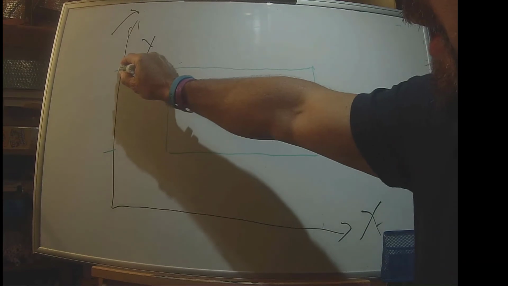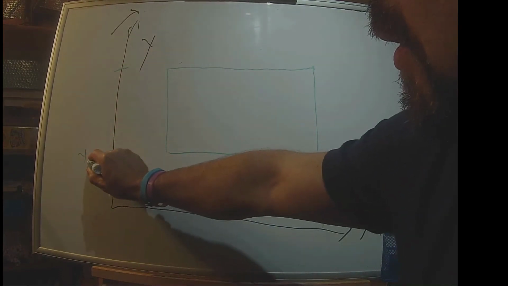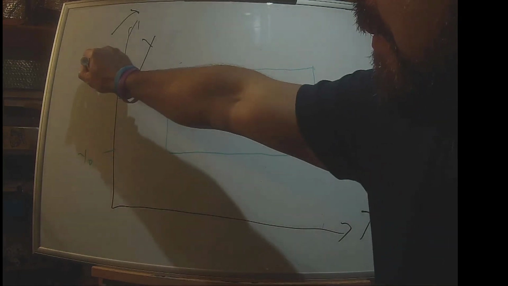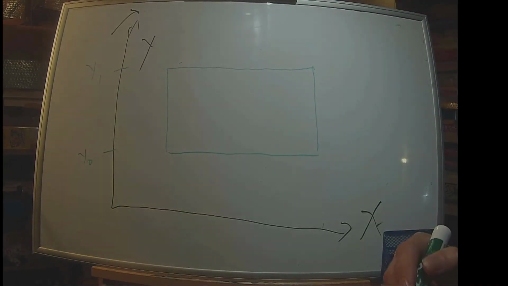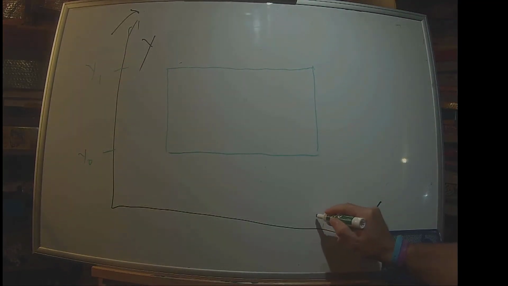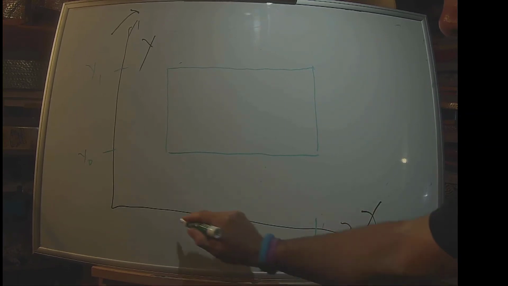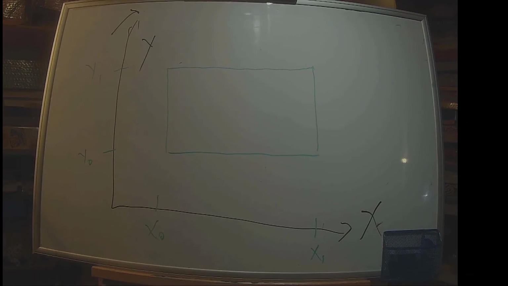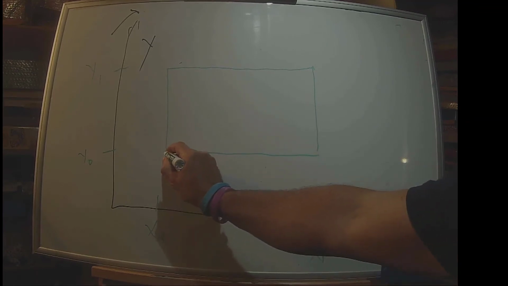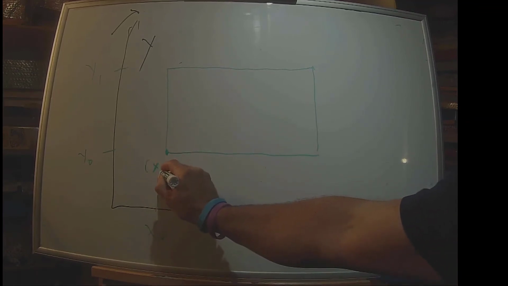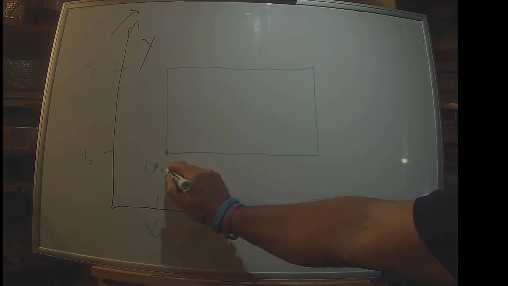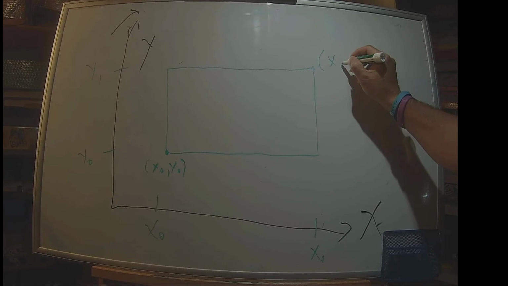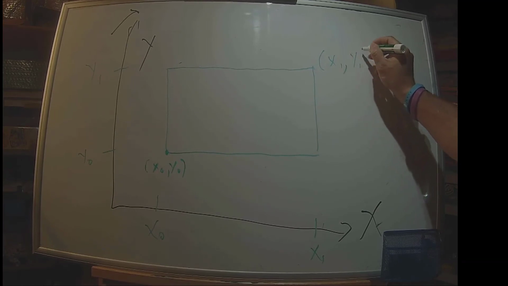And the horizontal lines are going to go between Y0 and Y1. And the vertical lines are going to go between X0 and X1. Right? So this point here, for example, is X0, Y0, and this point up here is X1, Y1.